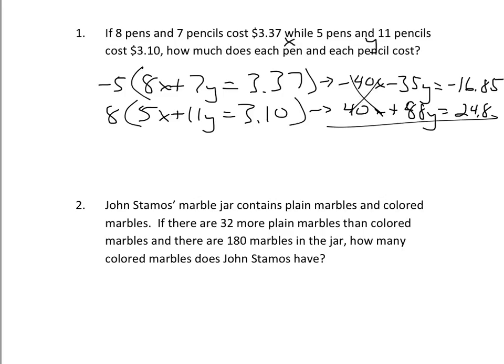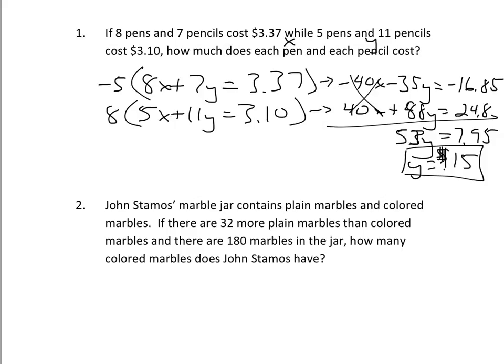The x's cancel each other out. 88 minus 35 is 53. And 24.8 minus 16.85 is 7.95. Divide there, and you get y equals 0.15. So each pencil costs 15 cents. Great.